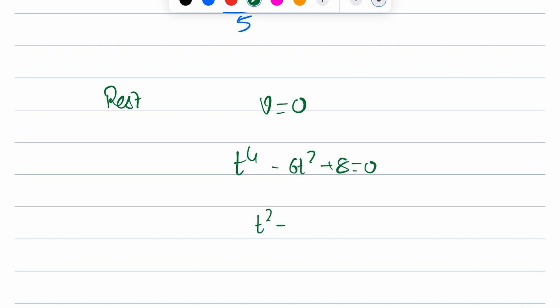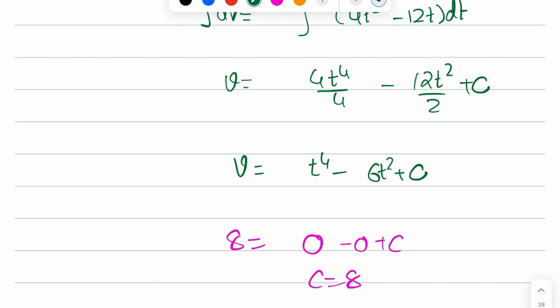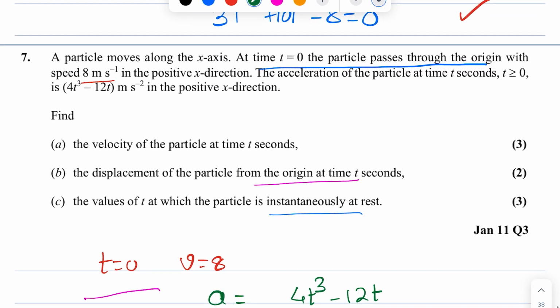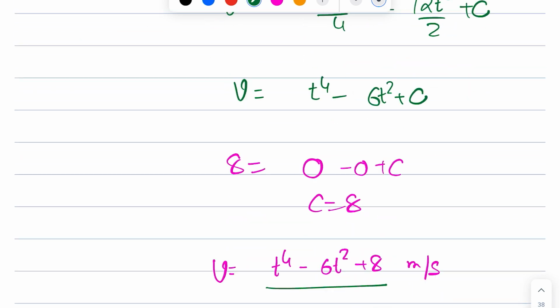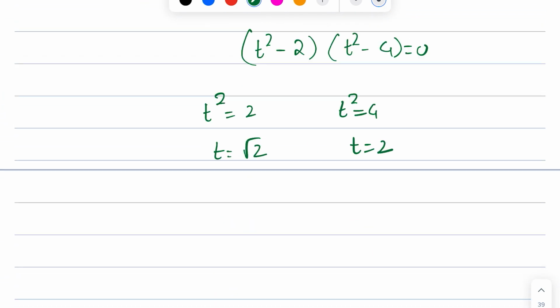So t squared minus 2 times t squared minus 4 equals 0. So t squared equals 2 or t squared equals 4. t equals square root of 2, t equals 2 seconds. The question is asking for the value of t at which the particle is at rest, so either at root 2 seconds or 2 seconds.